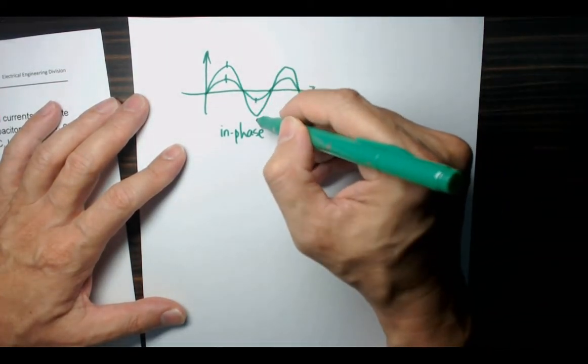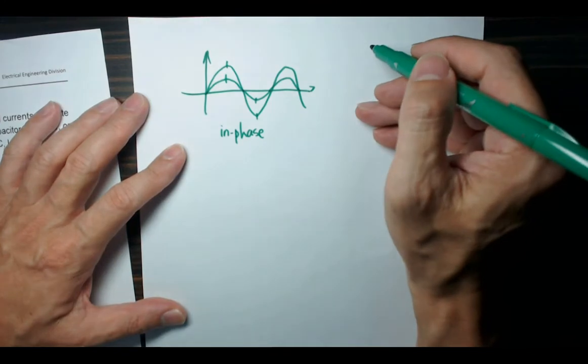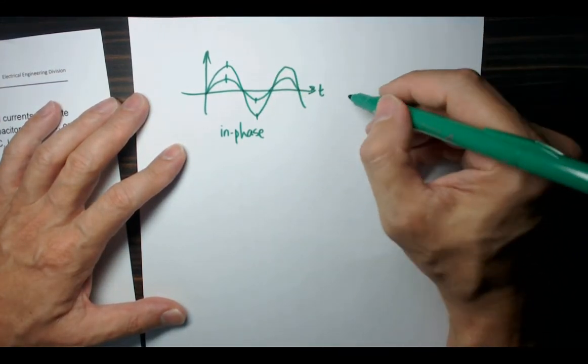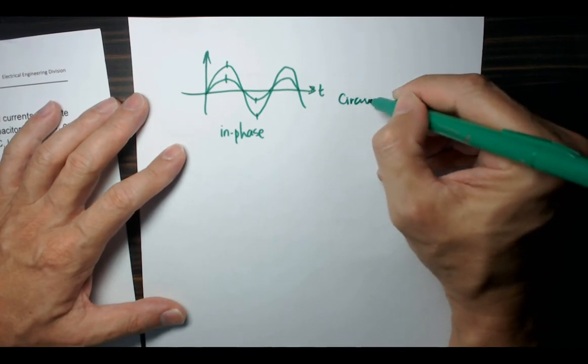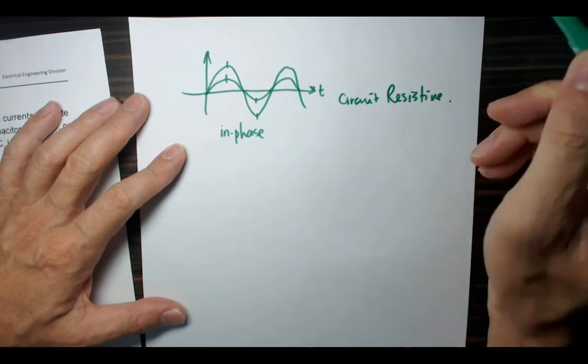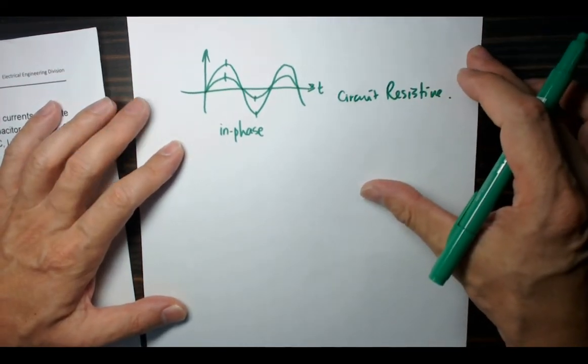When the voltage reaches minimum, the current goes to minimum as well. Now this kind of waveform tells us that the circuit is resistive. That means it's predominantly resistors.